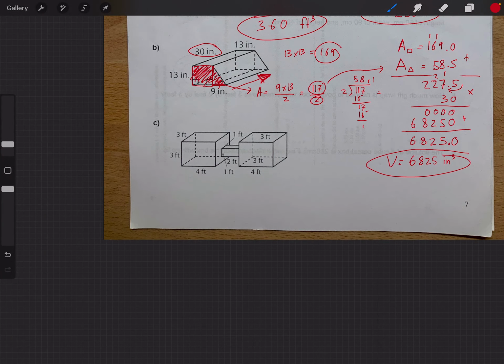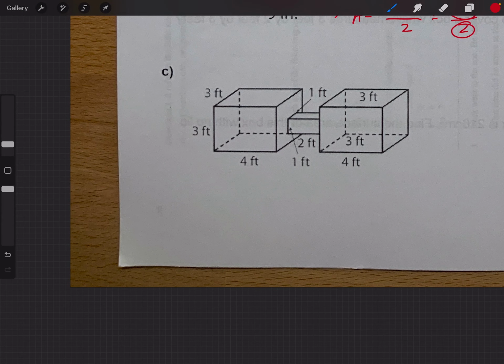Alright, now the next one, you're going to have to find the volume of each piece. Volume of that, and volume of that. What makes it easy is that this volume and this volume are the same, because they have the same length, the same width, and the same height, which is 3.